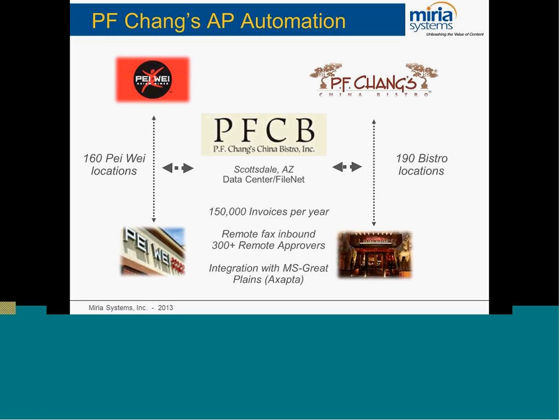P.F. Chang's, which is located corporately in Scottsdale, Arizona, had roughly 350 locations when they started the AP automation process. They used to receive invoices in at each restaurant location. The general manager would hold them for a week, stick them in a FedEx package, and they would go out to Scottsdale.